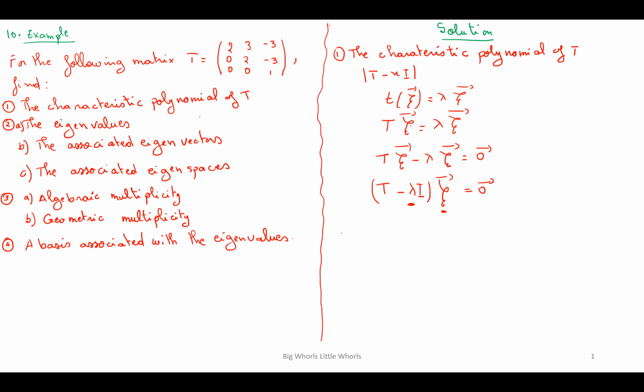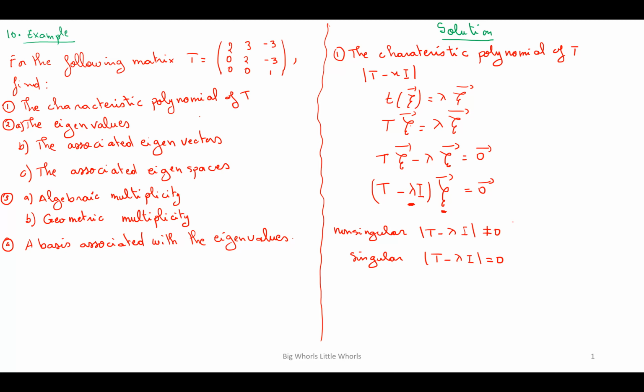And we have seen that if we have a non-singular matrix, then the determinant of T minus lambda I should be different from 0. Okay, but singular means we have the determinant of T minus lambda I equals 0.